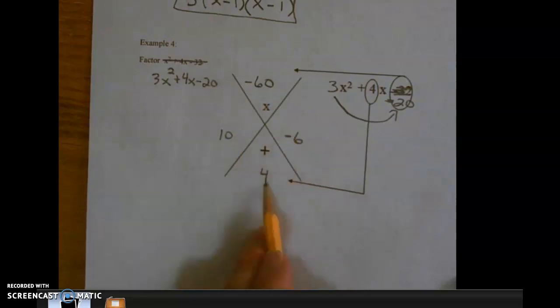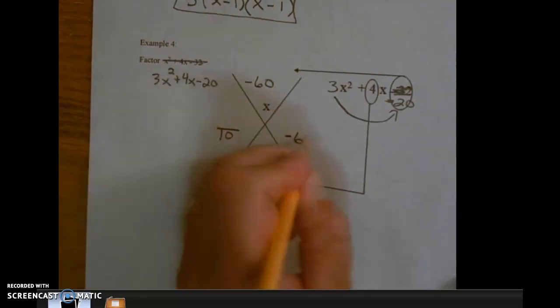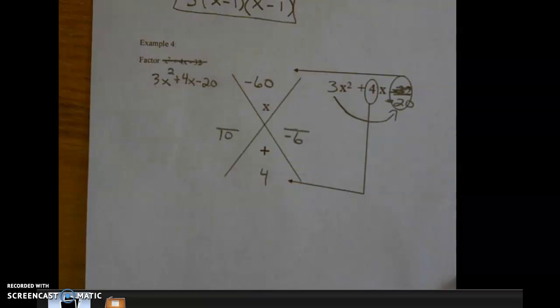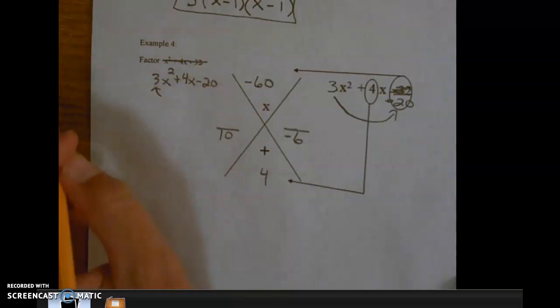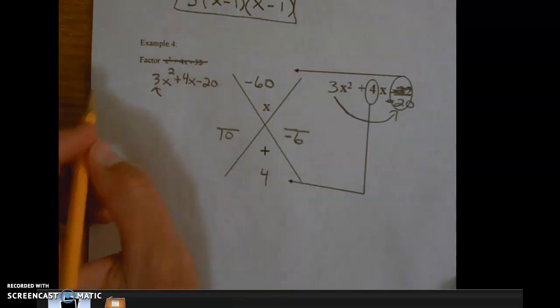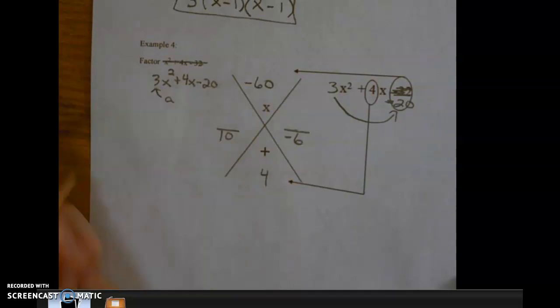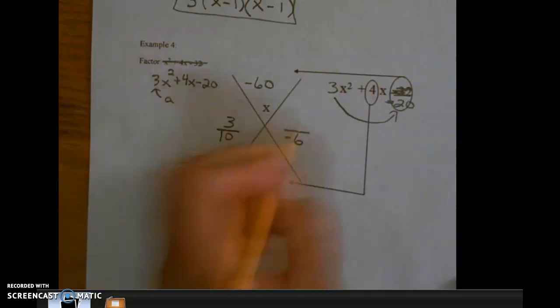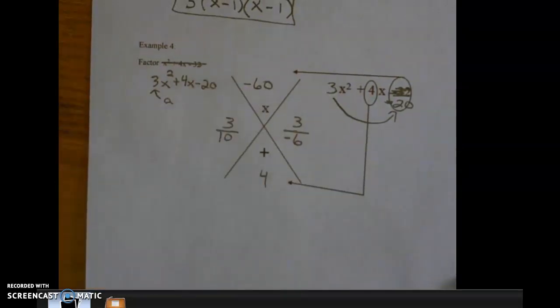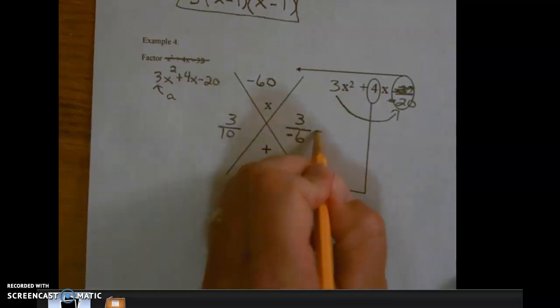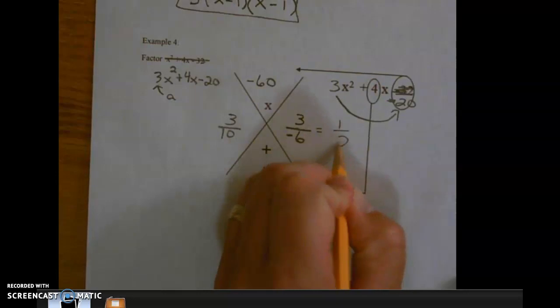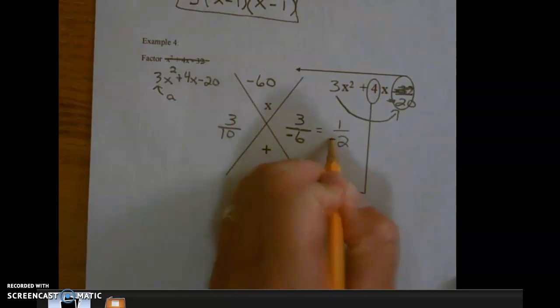Add, yes. What number goes on top? Good, the 3. Some students get in a habit of always putting a 1. It has to be the a value that goes on top. Can't reduce. We can reduce. Remember to keep the negative in the denominator.